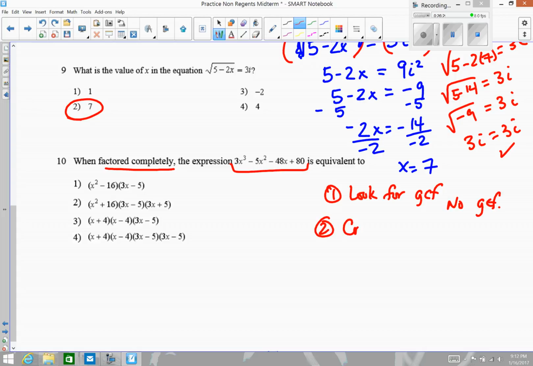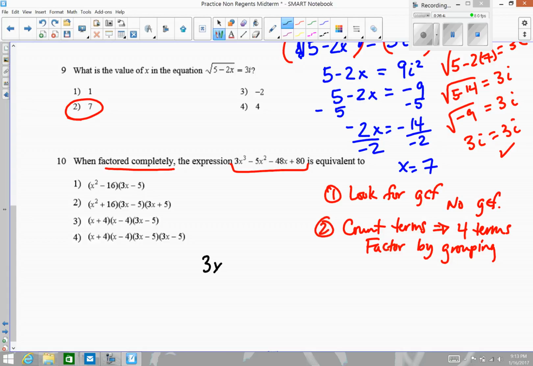Next thing I want to do is count terms. I see that there are 4 terms, which means I want to factor by grouping. So I need to write those 4 terms out and then divide them into groups of 2. 3x cubed minus 5x squared, there's one group of 2, minus 48x plus 80.